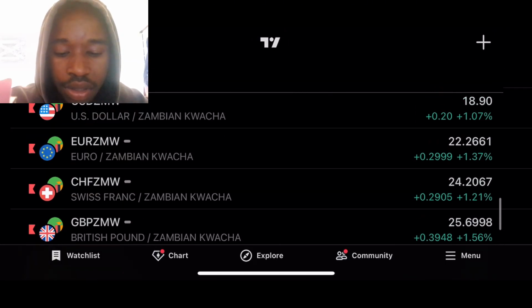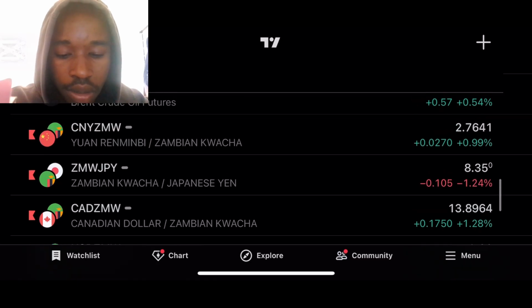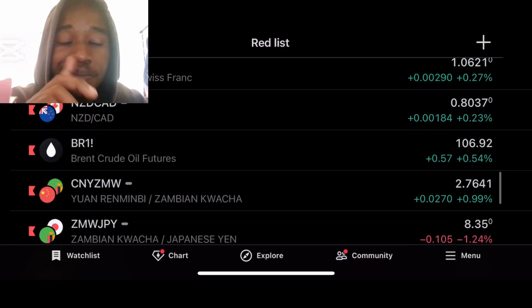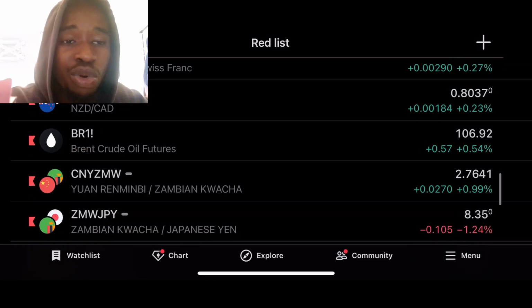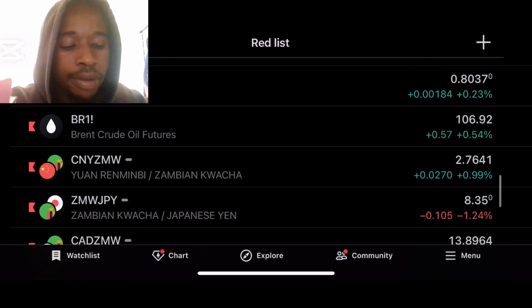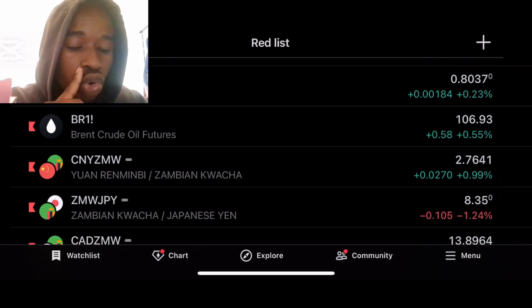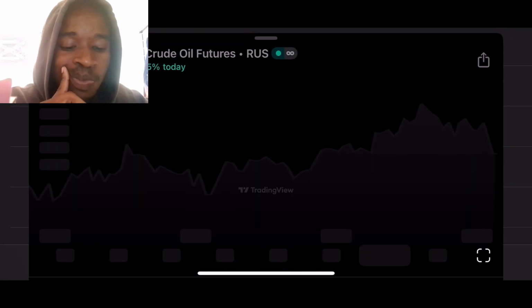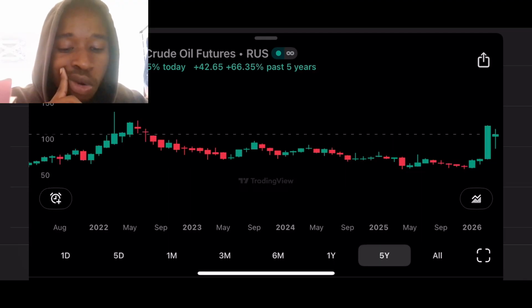And for my fellow Zambians who might be interested in looking at our raw exchange rates without bank rates: oil is currently trading at 106 per barrel.